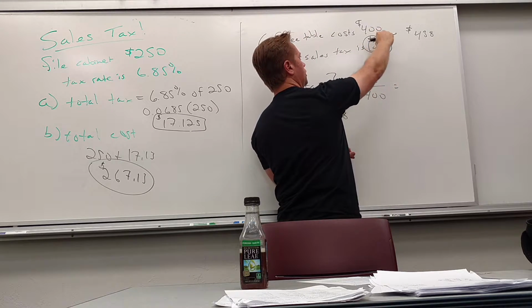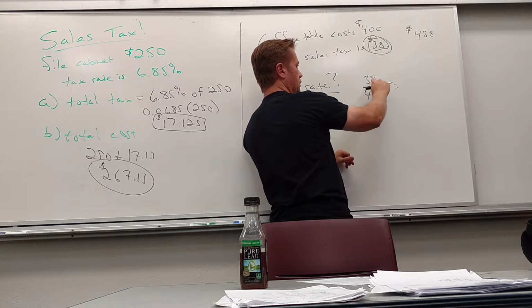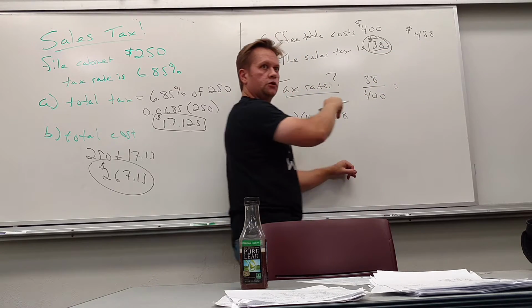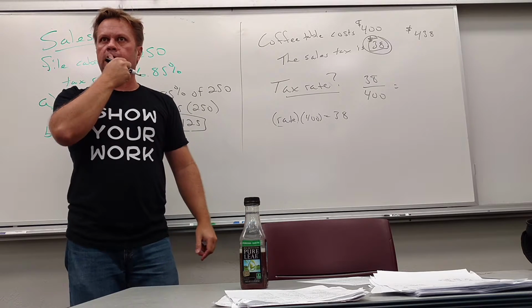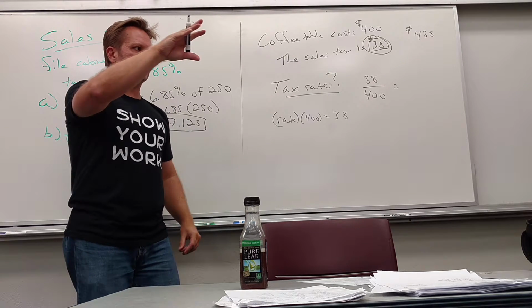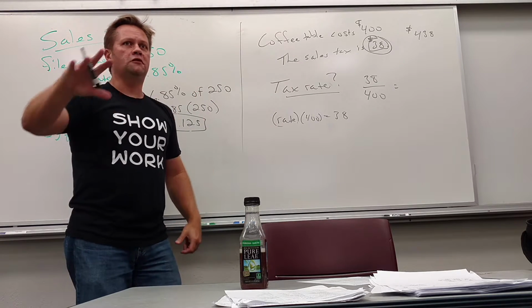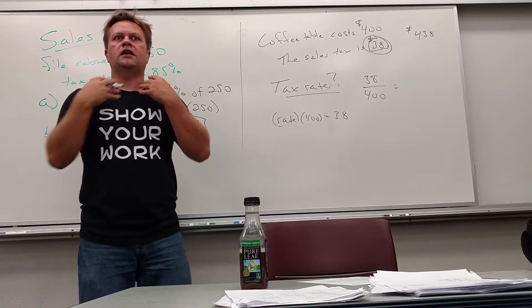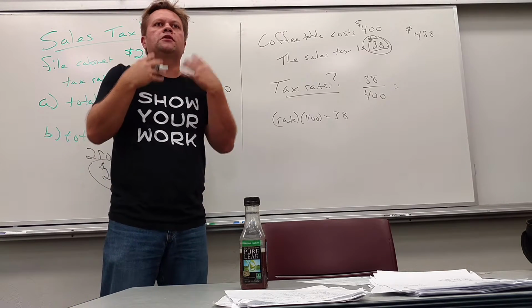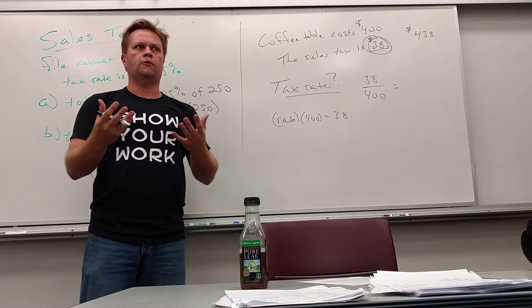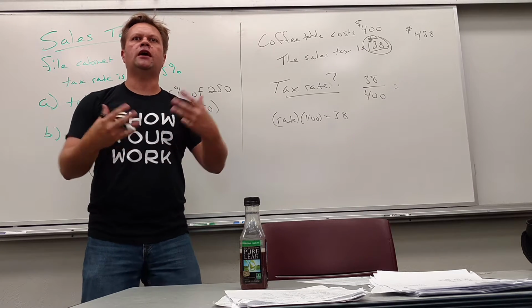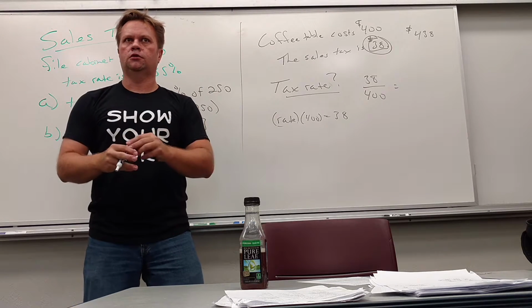It went from 400 to 438. So 38 is the change divided by the original, just like we were doing before. That's why a lot of the problems in section 6.3 should feel very familiar, because they're just saying tax rate instead of percent increase. Right? So 6.3 is a specific type of percent change.